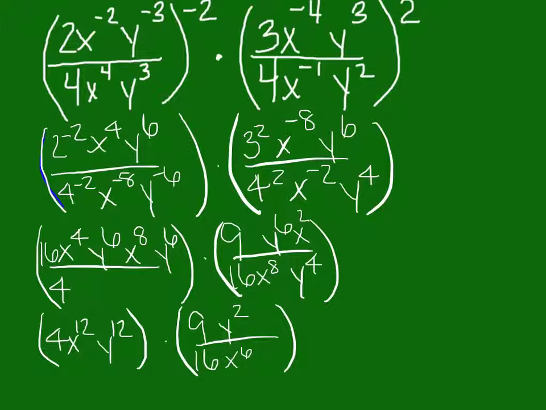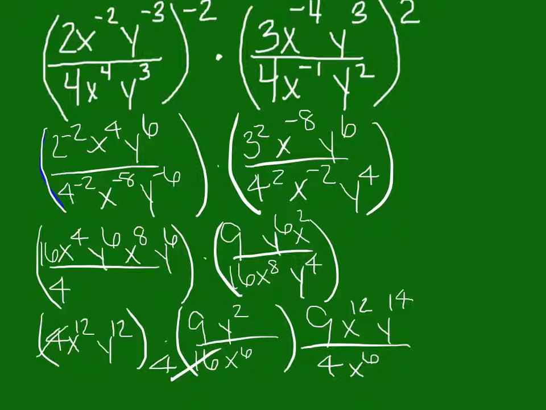Now we can look to see if anything will cancel out when we cross multiply, and it turns out it does. 4 goes into 16 4 times, so that part will cancel out. Now we can go ahead and we can multiply across. So we get 9 x to the 12th, y to the 14th, over 4 x to the 6th, which simplifies to 9 over 4.